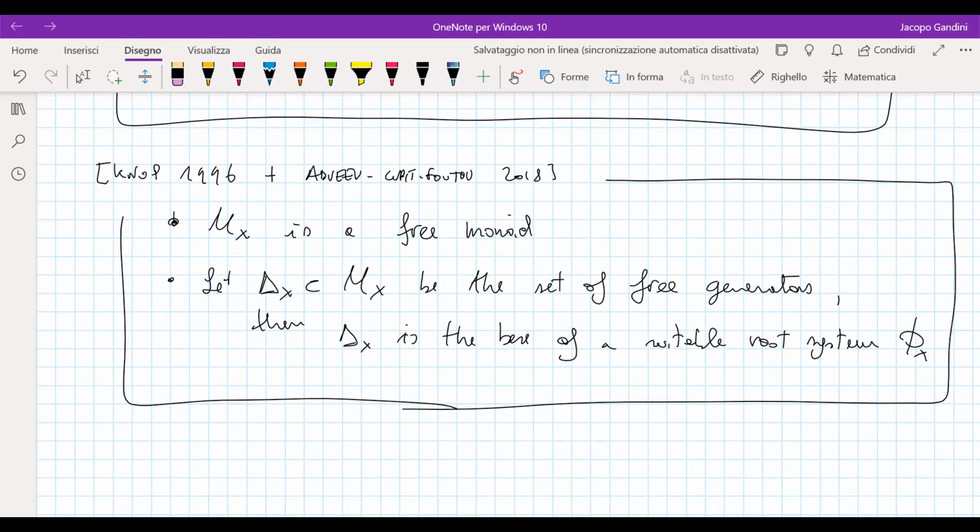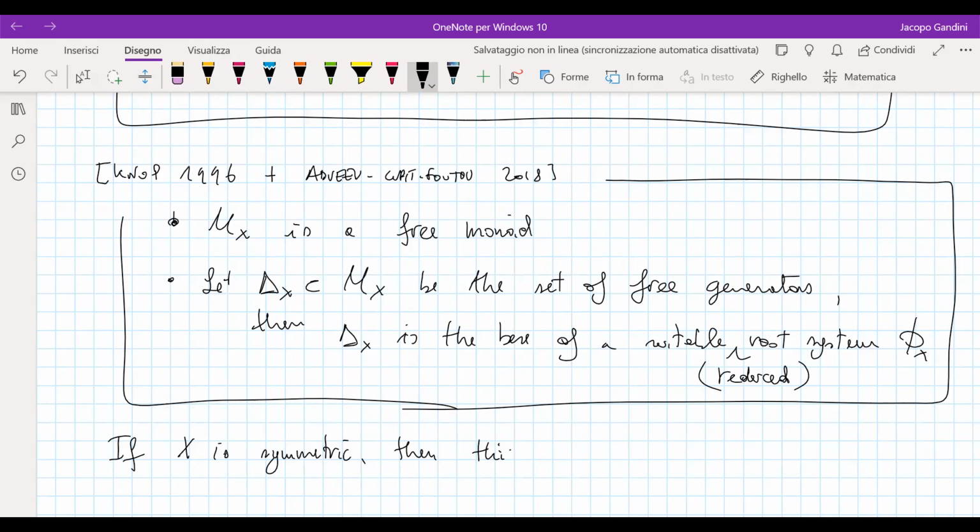If X is symmetric, I'm using the same notation, which is a bit wrong, because this is by definition a reduced root system, whereas before the restricted root system was not necessarily reduced. So the point is that this is, in a sense, the reduction of the root system in the symmetric case.